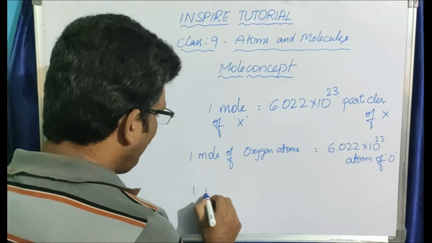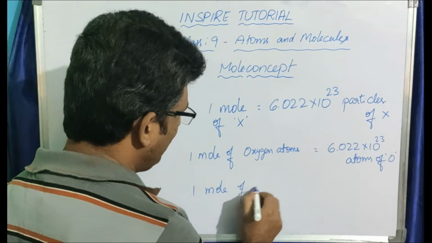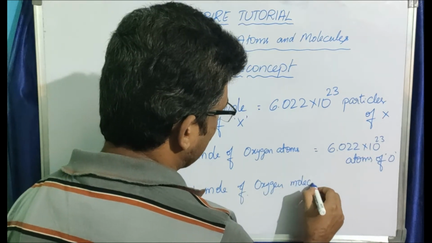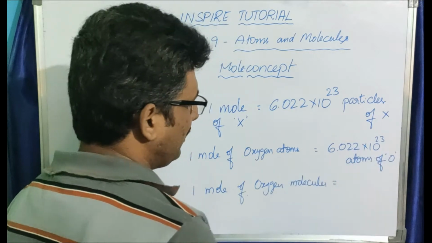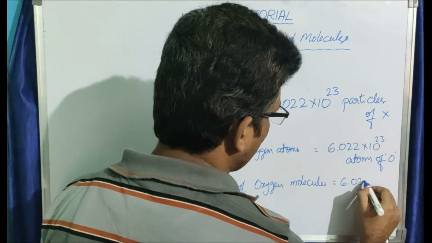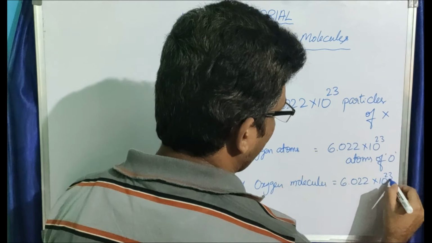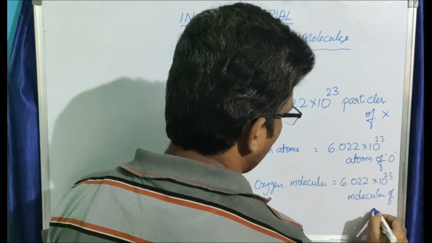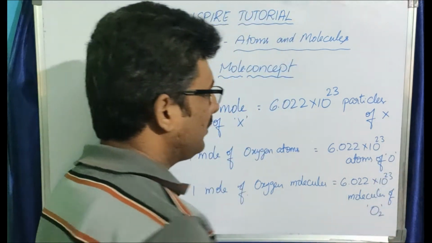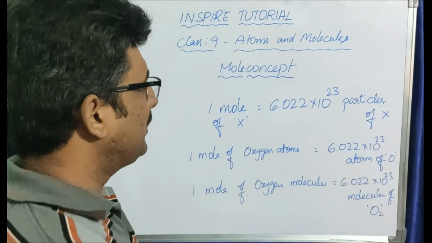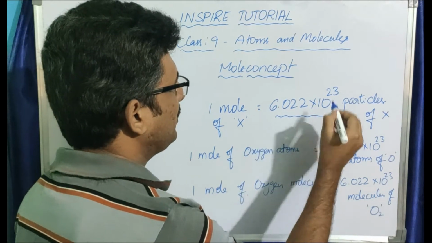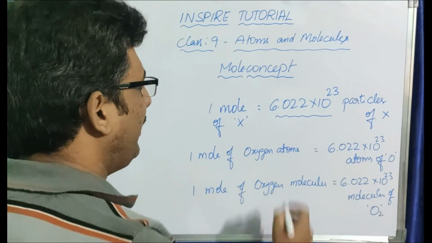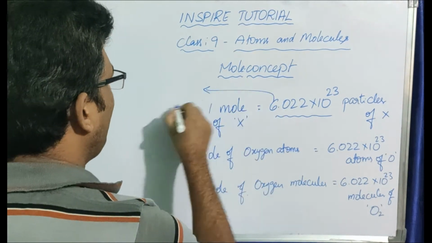If I say 1 mole of oxygen molecules, then that equals 6.022 into 10 power 23 molecules of oxygen, right? So here 1 mole represents a number, that is 6.022 into 10 power 23, and this number is called Avogadro number.